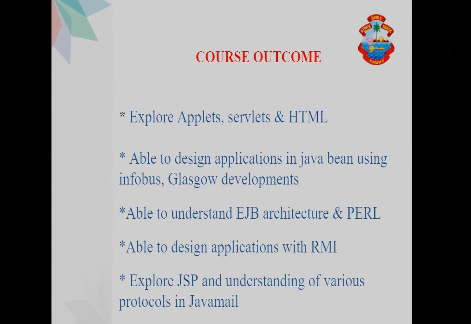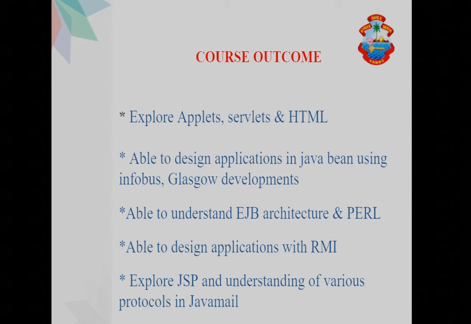And this is the course outcome for this program. As I said in the previous slides, this syllabus consists of 5 units. Each unit concentrates on different concepts of features of Java. So they are explore applets, servlets and HTML.